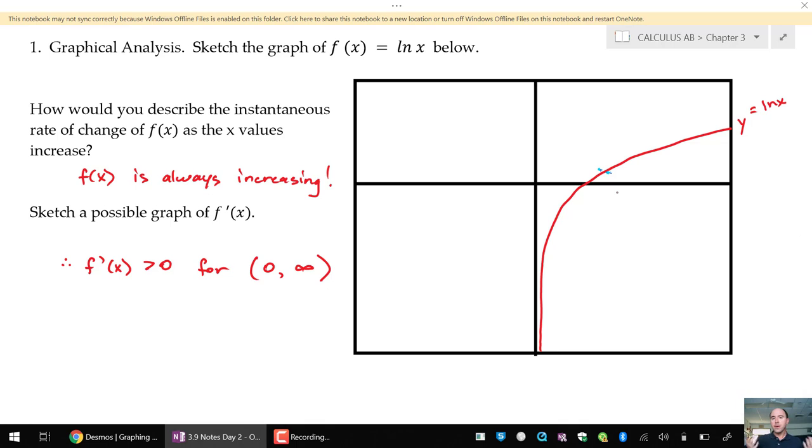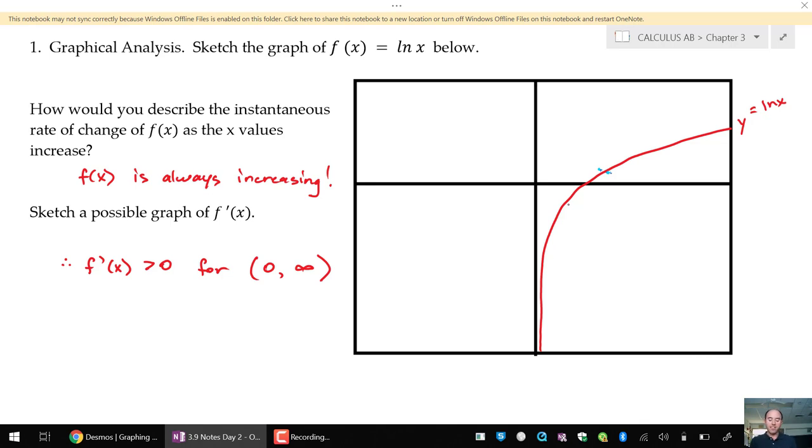And because f is always increasing, what does that tell you about the derivative? If I analyze the little tiny slopes, or the tangent slopes of this function curve from its left domain all the way to the right domain, I see very, very steep, very high, very strong positive tangent slopes. But then as we travel closer to the x-axis, the slopes become a little bit less positive, and then a little bit less positive, and even less positive as we move across to the right.